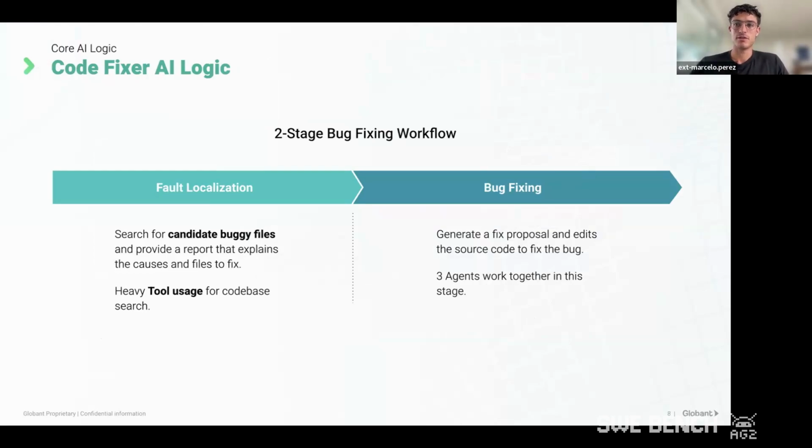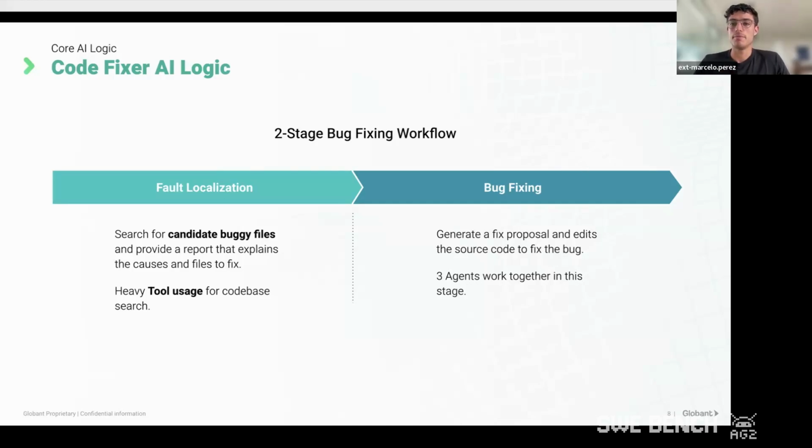In the first one, the fault localization stage receives the issue description and the code base and outputs a list of candidate files and a localization report. Then our fix stage goes on to provide a solution to the bug and implement it. And in the localization step, we have a single agent, and in the bug fixing, we have 3 agents collaborating. Now we'll dive deeper into them.